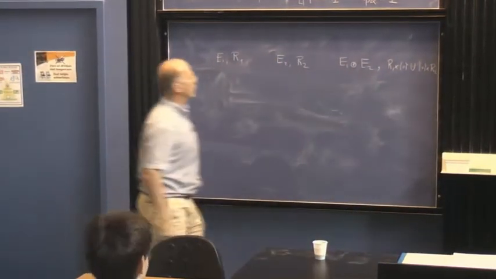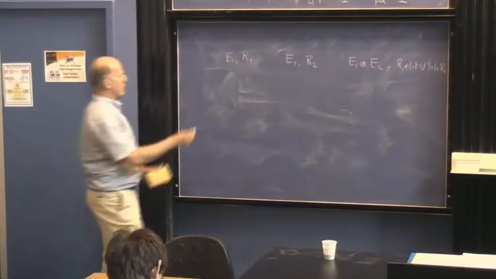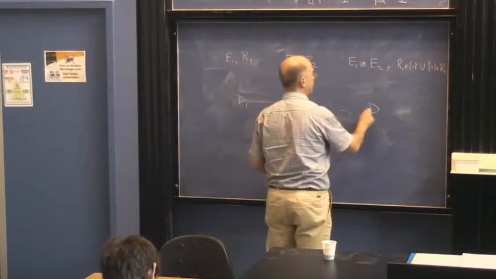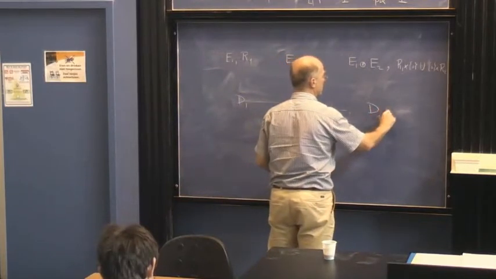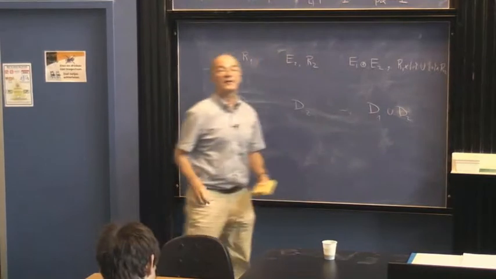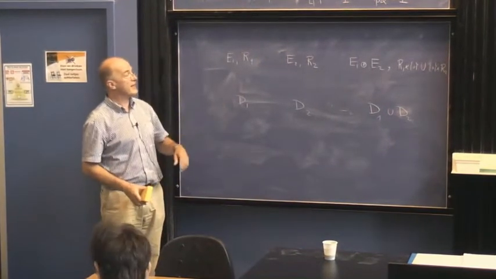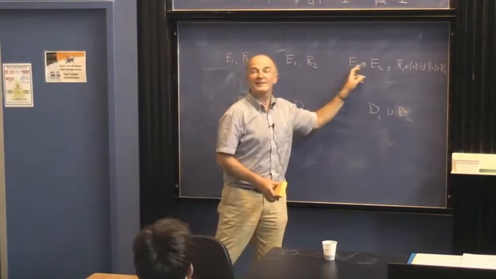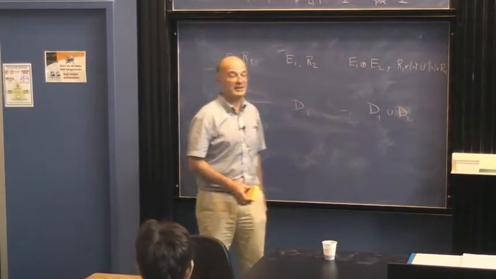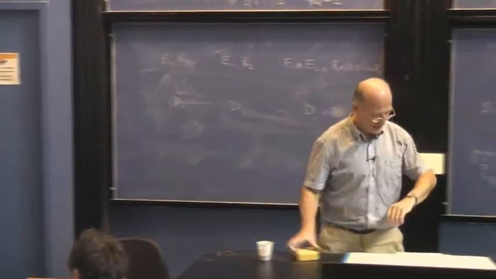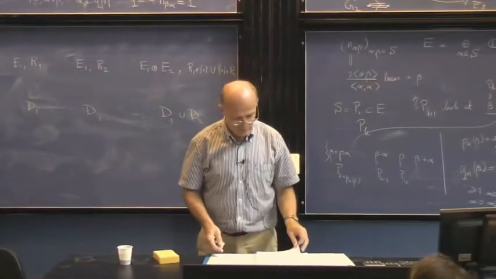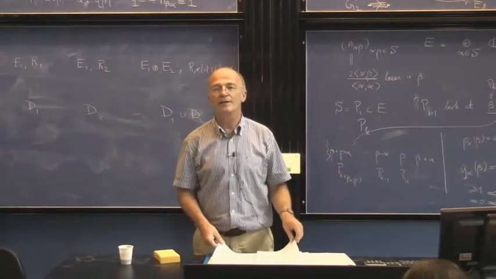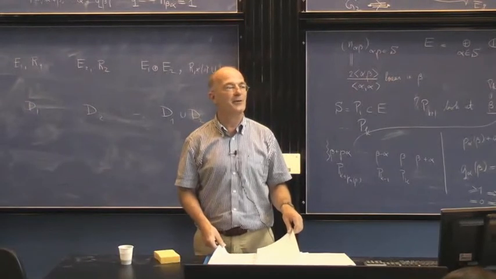So this is how it works on the level of the roots. And if you have a Dynkin diagram here and a Dynkin diagram there, the Dynkin diagram of this root system is just the union of these Dynkin diagrams. And on the level of Lie algebras, you also take direct sums. So I didn't have time to give those final details here, but I think those are pretty obvious if you read the lecture notes. So I think this is a good point to stop.